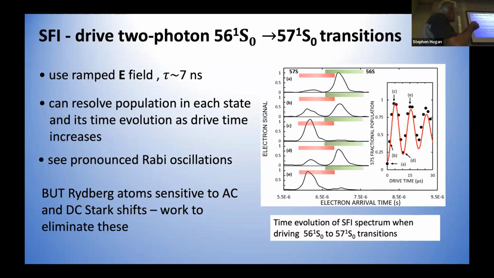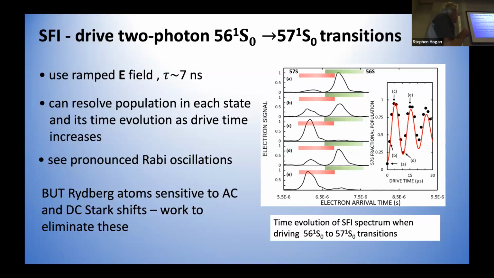So we start out and run the SFI spectrum, and you see that we get essentially all in the 56 level. As we increase the drive time, we see a transition moving it to the 57S level. And we keep driving, and by gosh, it goes the other way and then returns. You see a series of very nice Rabi oscillations.